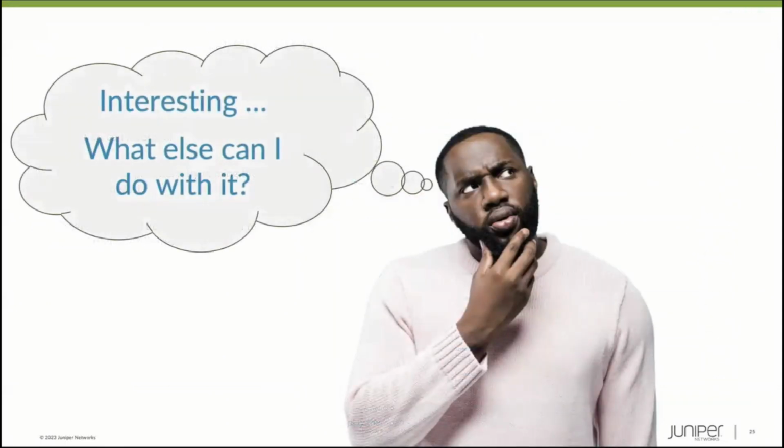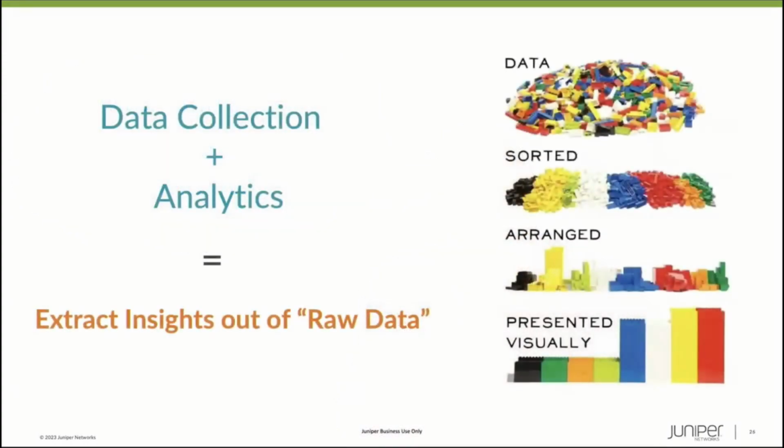So now you're probably going, okay, interesting. You've combined information from a show command with information that's already in the Apstra graph database into something more powerful and useful. But what else can I do with it? This is where we can add those additional processors that I mentioned, that whole list of processors. Because it's like when you're looking at this pile of Legos, if I ask you what do I have there on the data side of it, you would just say, I've got a pile of Legos.